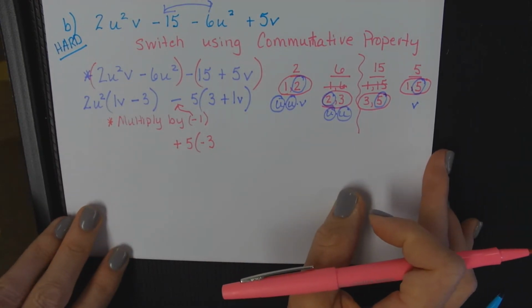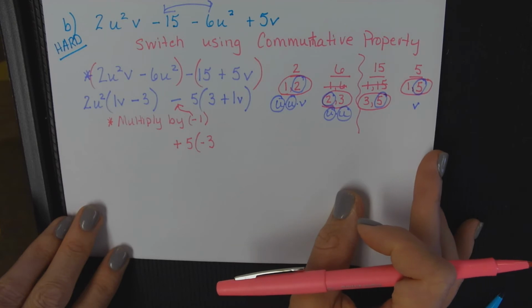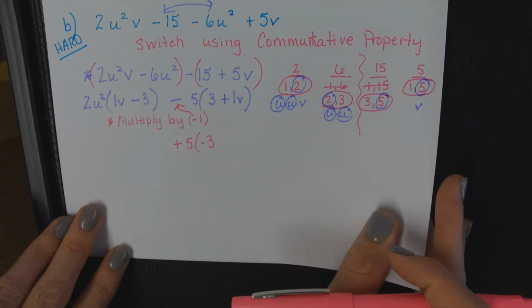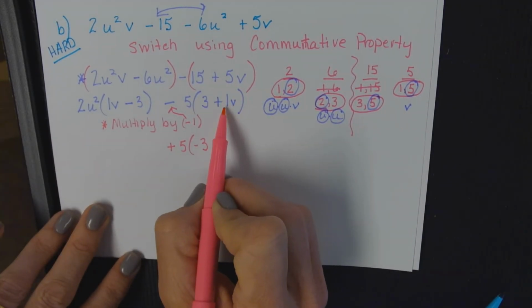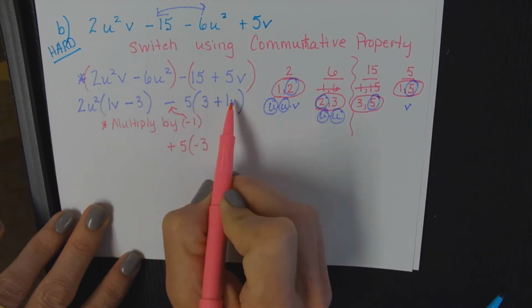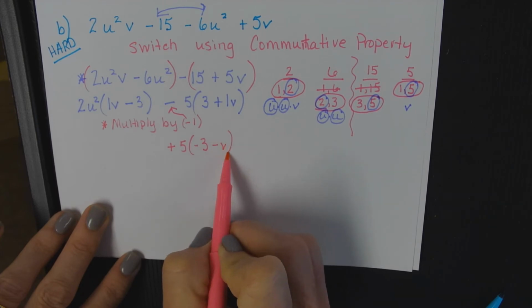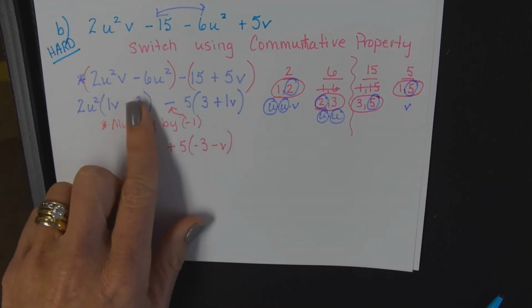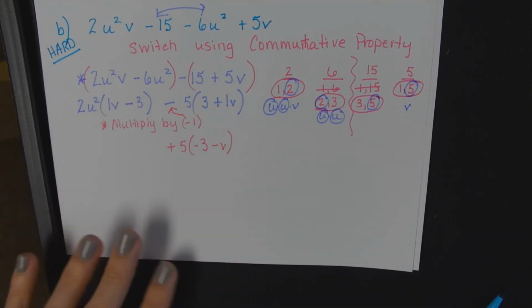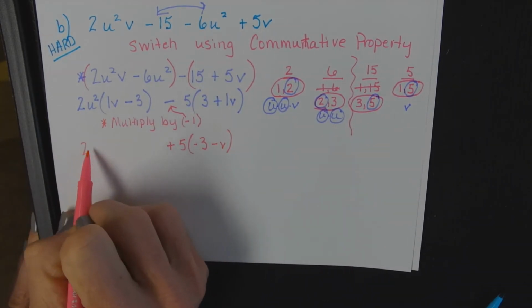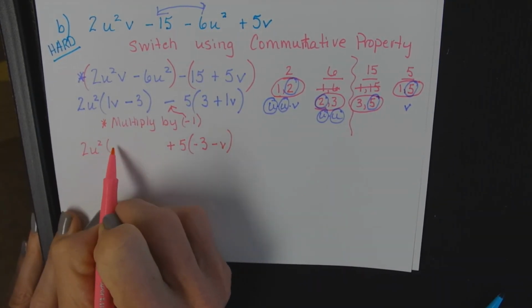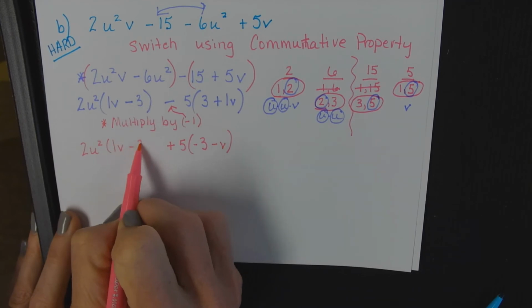Did I miss something? Oh, sorry. This is also going to be a positive times a negative, which is -v here. I feel like I missed a negative somewhere. All right, so bring everything down. 2u squared. You have 1v minus 3.